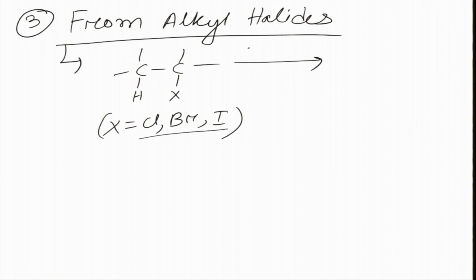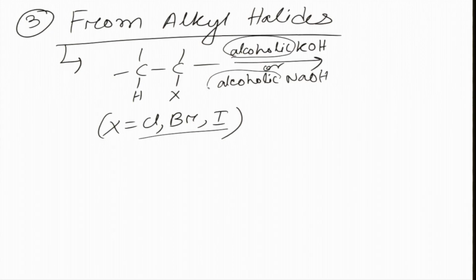If we treat this with alcoholic KOH or alcoholic NaOH, this is a very important factor, okay. Not aqueous. What is aqueous? If we say aqueous KOH, what will this mean?